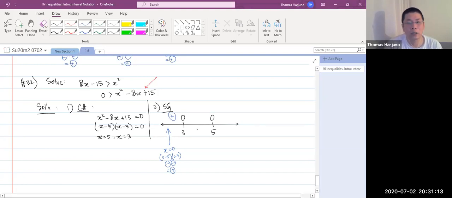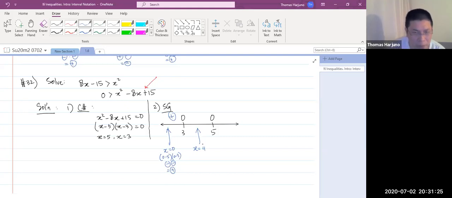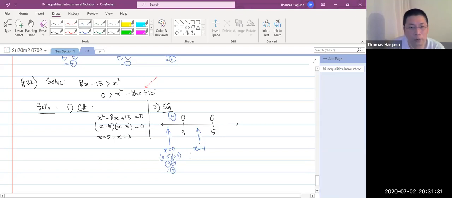When I pick x between 3 and 5, let's say x equals 4. Of course, you do not want to choose 4.2 or 4.3. Pick nice numbers, right? Since you have the freedom to pick any numbers, don't make your life so complicated. All you need is the sign. Is it positive or negative?